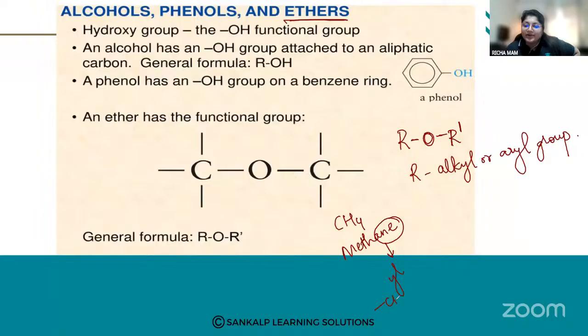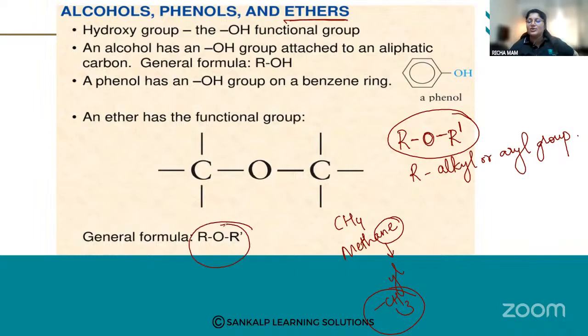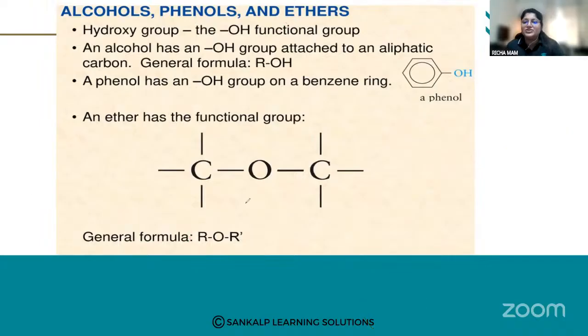Removing one hydrogen, you get CH3. So alkyl, or you can take any aryl group. This type of compound is called an ether. The general formula is ROR', where R and R' can be an alkyl or an aryl group. Understood? This is the simplest definition.